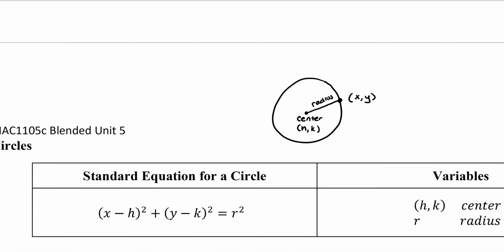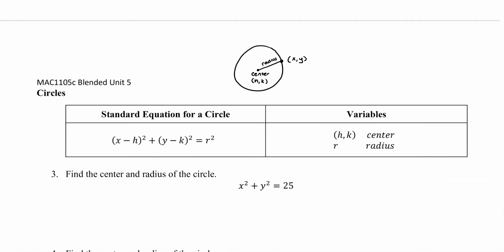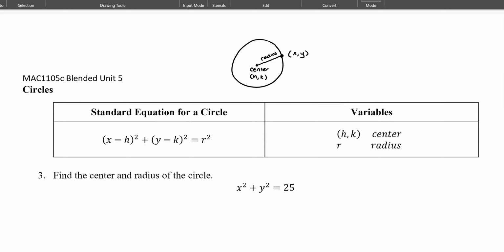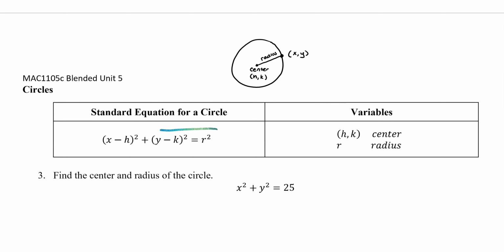So now, if you want to list all of the pairs x, y that are on the circle at a certain radius from a certain center, it's very similar to the distance formula. We're going to use this formula here: x minus h squared plus y minus k squared equals r squared.